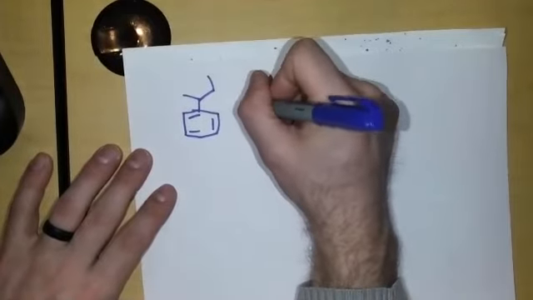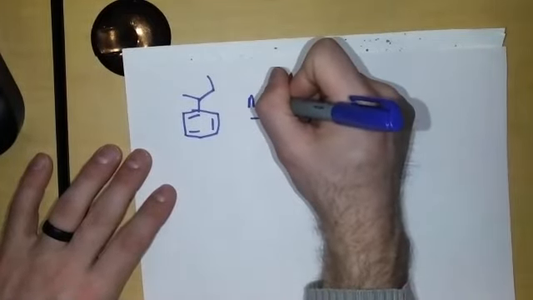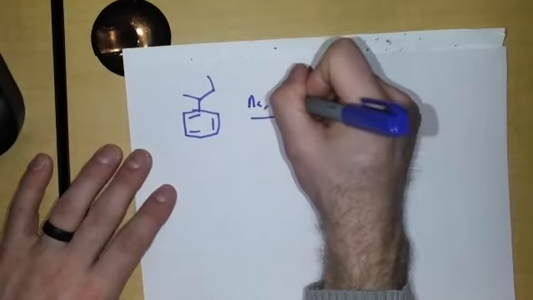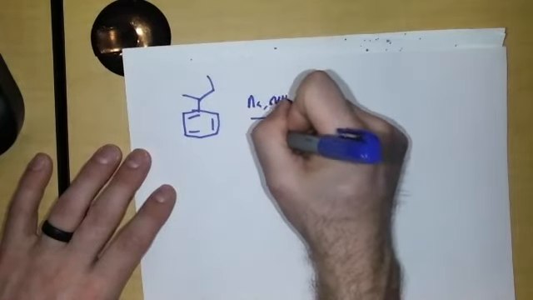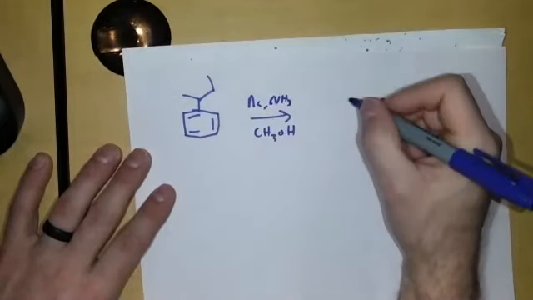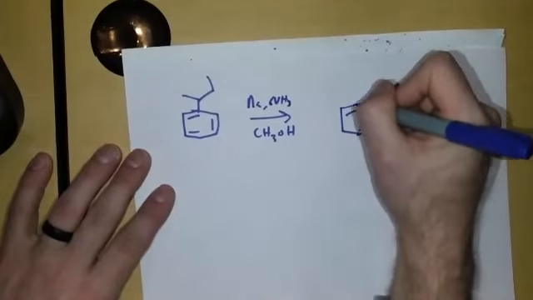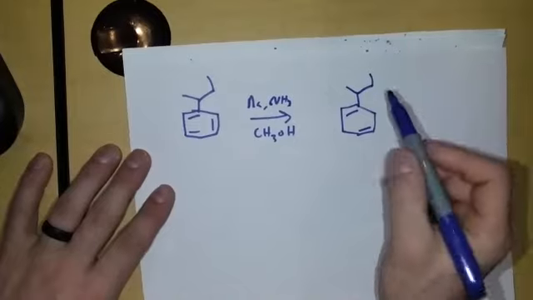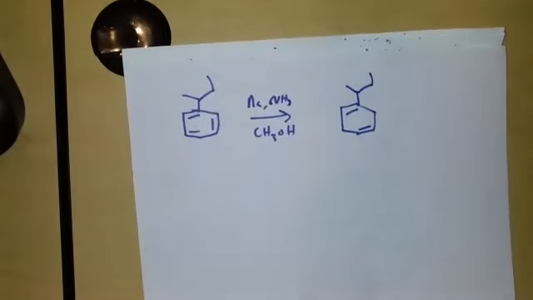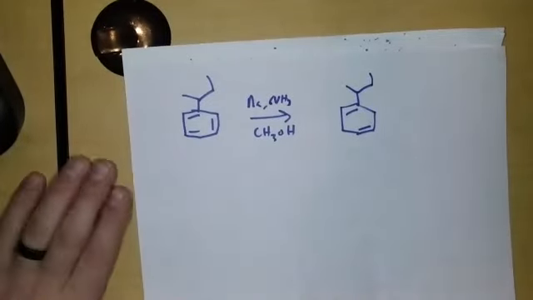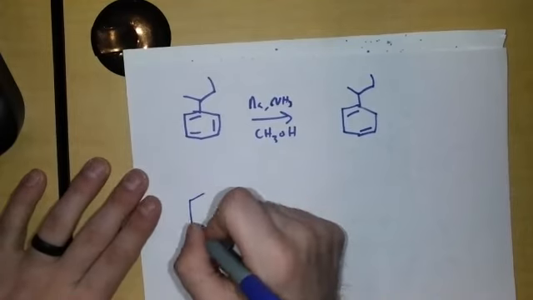This will give us a double bond pattern where they're opposite, with one of those double bonds on our more substituted double bond position, versus with a ketone or an aldehyde.